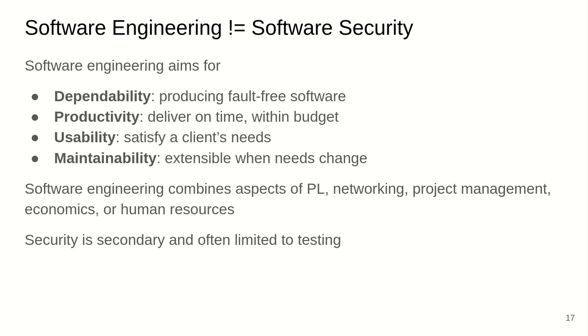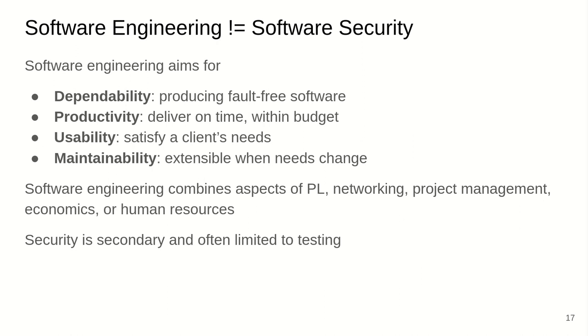Software engineering is not equal to software security. I would like to distinguish software engineering from software security a bit. This is not a software engineering class. Software engineering aims for dependability, producing fault-free software, productivity to deliver on time within budget, usability to satisfy a client's needs, maintainability, extensibility when needs change, and so on.